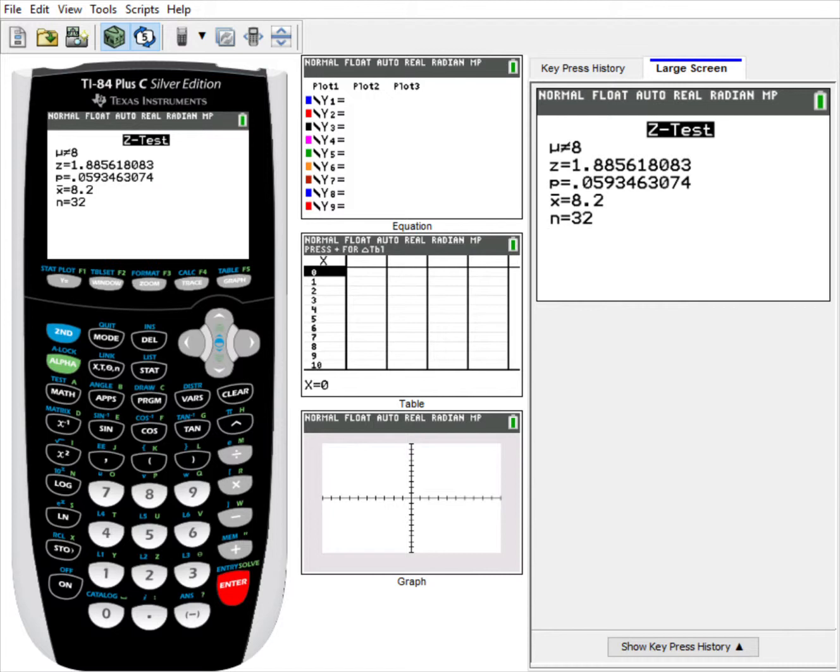This one doesn't have any scientific notation because it's 0.059, so just a little over 5%. Now, because my alpha was at 5%, this happened to be greater. If my alpha was at 1%, this would be less.